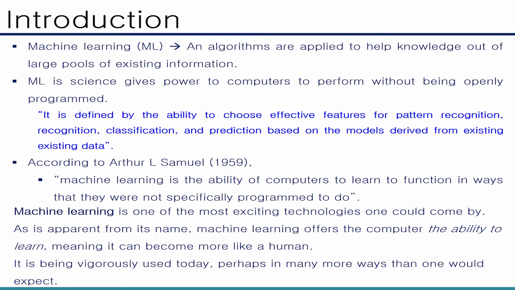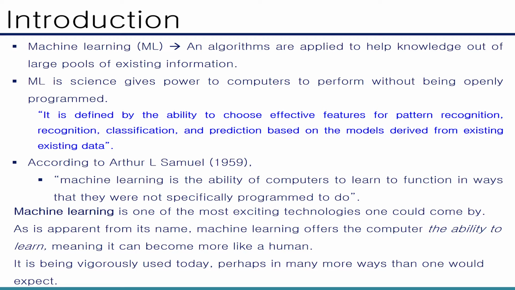So machine learning is one of the most exciting technologies one could come by. As is apparent from its name, machine learning offers computers the ability to learn, meaning they can become more like a human.